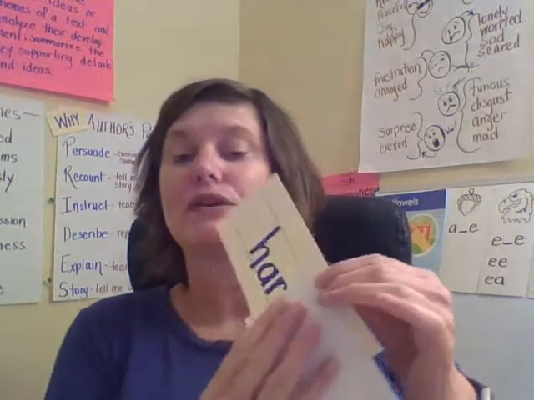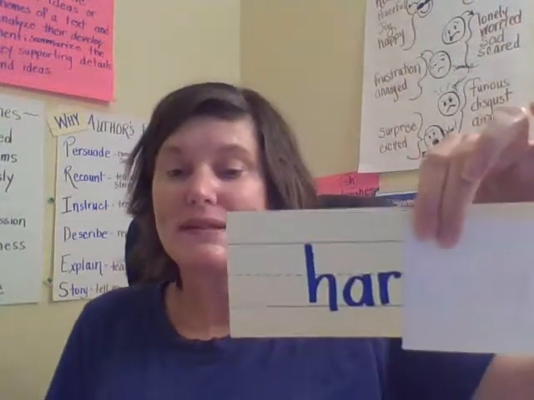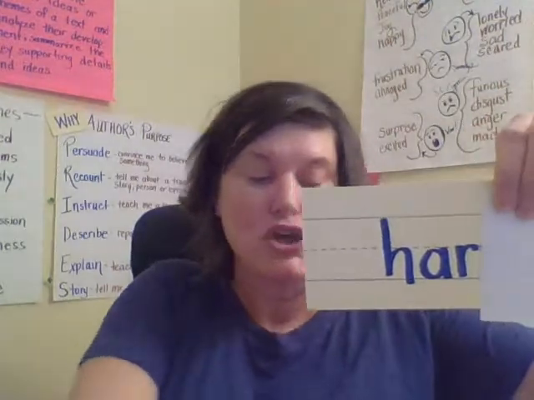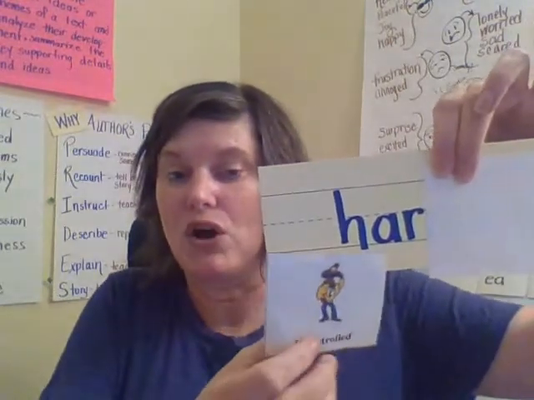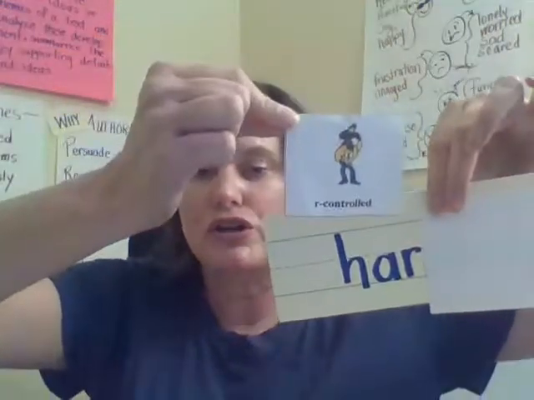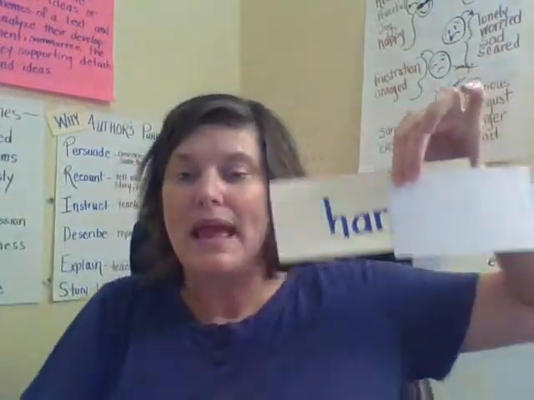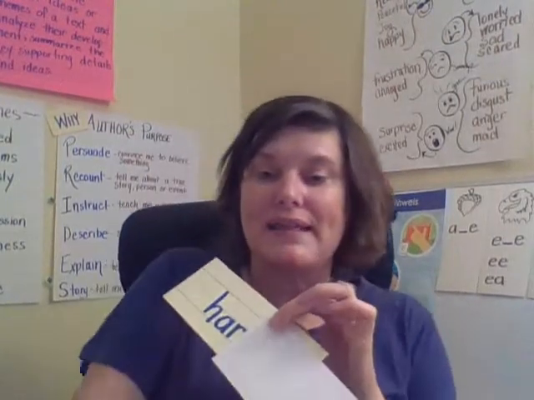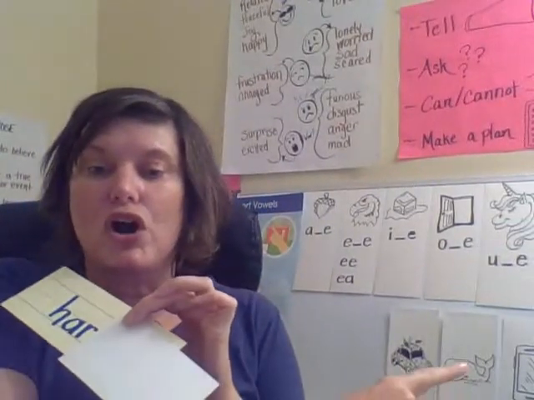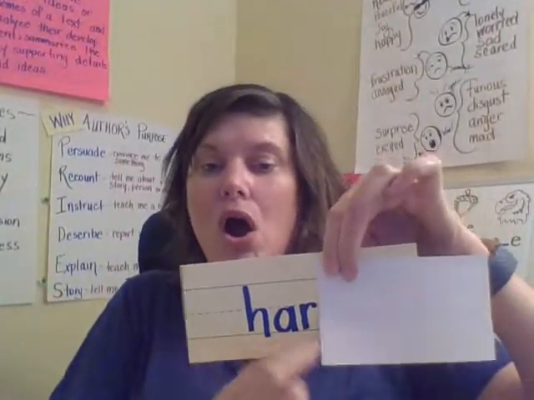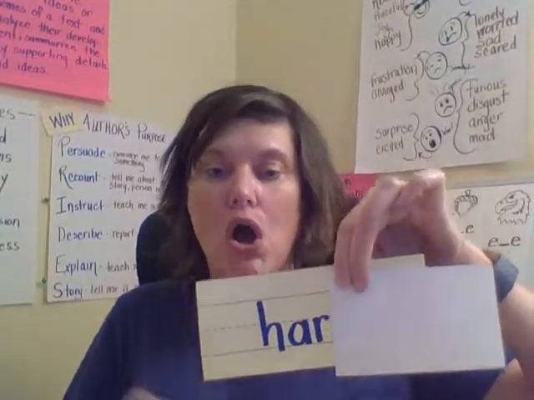Okay, let's do one more where I reveal the syllables. Okay, so what syllable type is this? Yes, this is our newest syllable type, the R, oops, my finger's covering it up, our R-controlled syllable type. And remember, the AR says R, like in the car picture we have. Okay, so har.